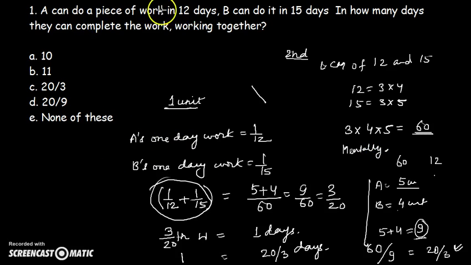If there are 2 people who are working, as it is given in the question, and this is the kind of scenario, you could also apply the shortcut where you can multiply 12 and 15 and then divide it by their sum. 12 into 15 is nothing but 180 and 12 plus 15 is 27.